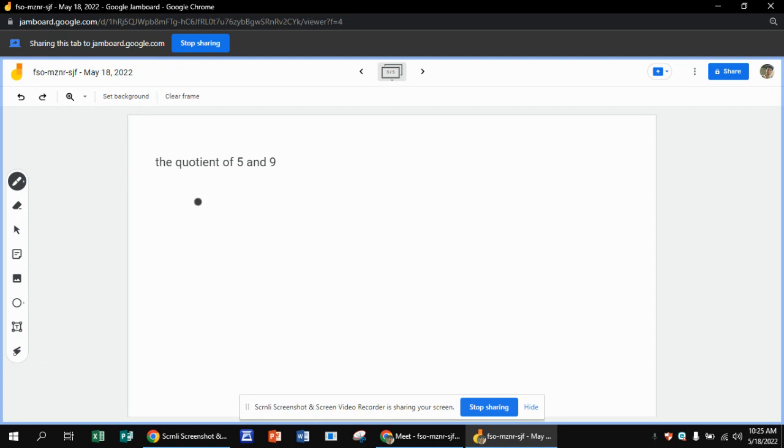So we can say that 5 over 9. Only the first, what comes first, will be our numerator, and then the denominator. So the quotient of 5 and 9 we can write as 5 over 9. Did you get it? Okay.